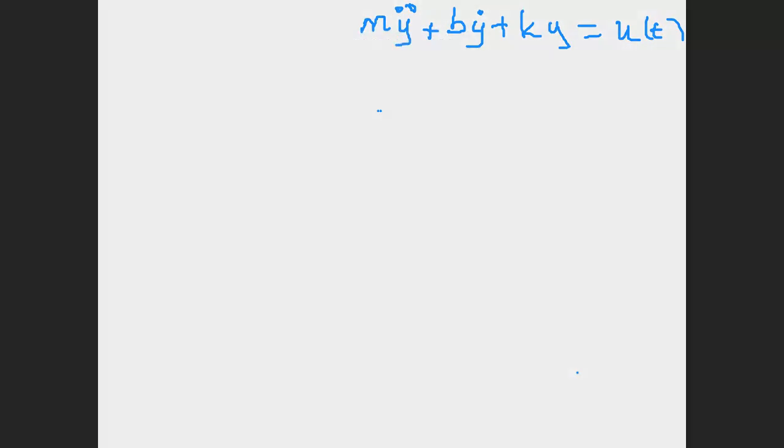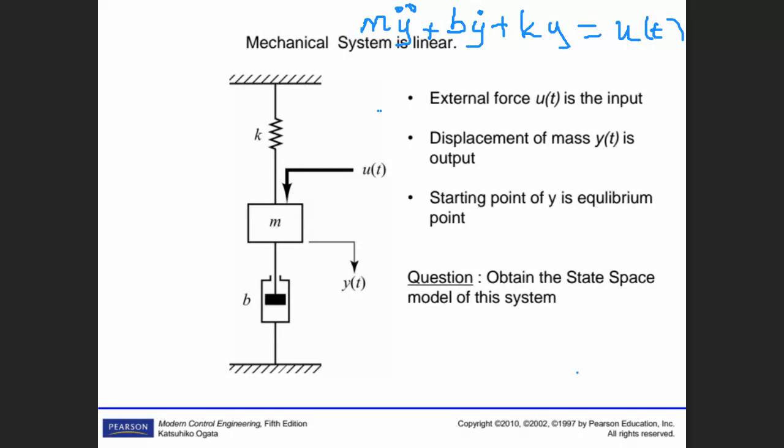If we come back to the S domain, of course, we obtain M S squared plus B S plus K times Y is equal to U.